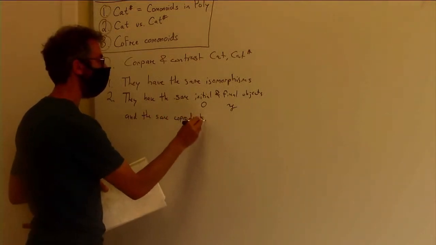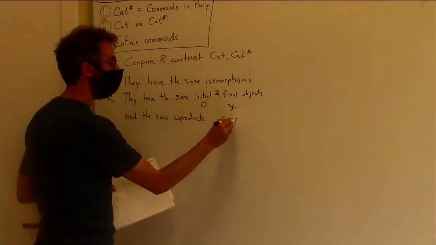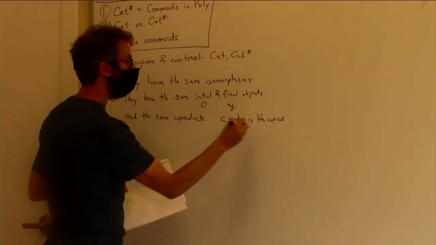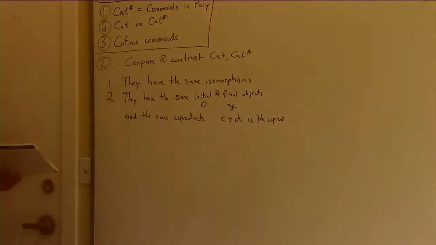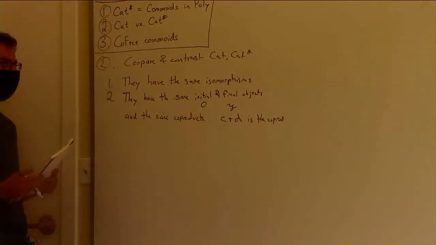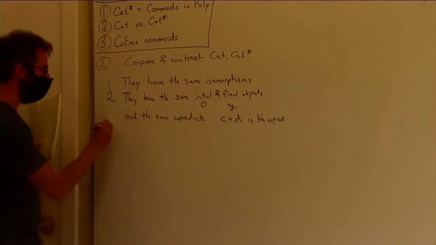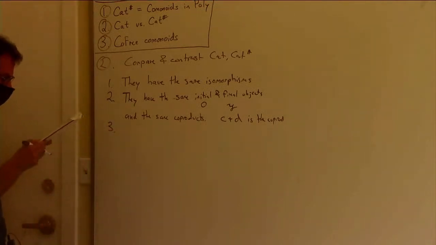So if you have two categories, C and D, C plus D is the coproduct. Like you literally take the sum of the polynomials, and that thing will be a category if C and D are. And that works for infinite coproducts too.